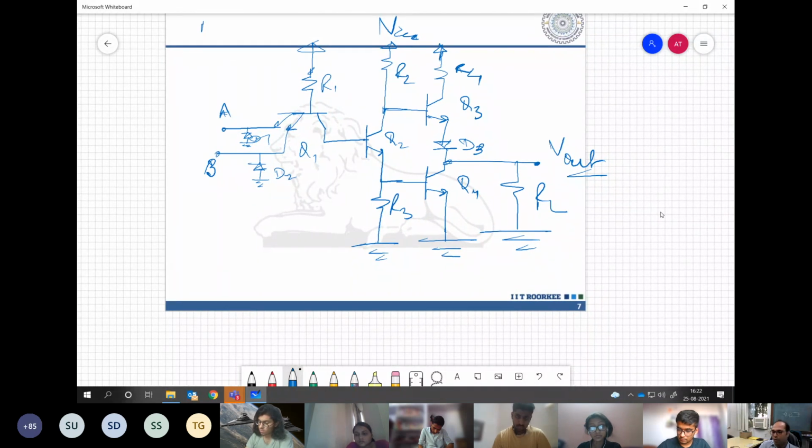What do you expect from the output? What will happen? Now you should be able to tell what this circuit is going to do. Yes?